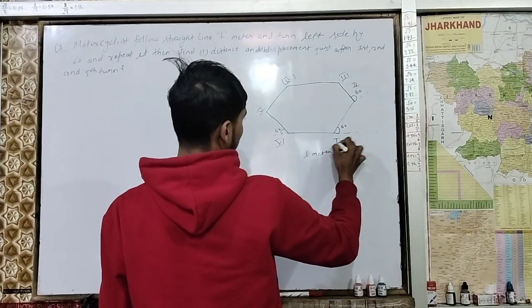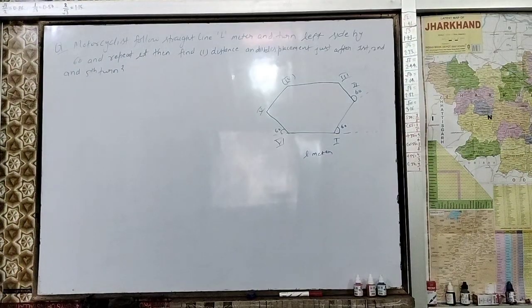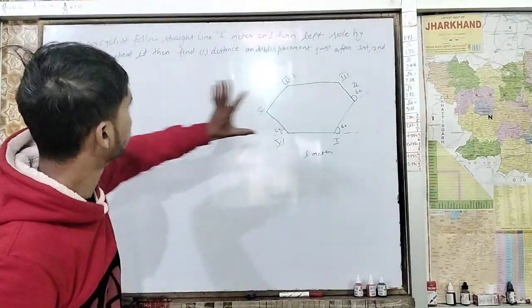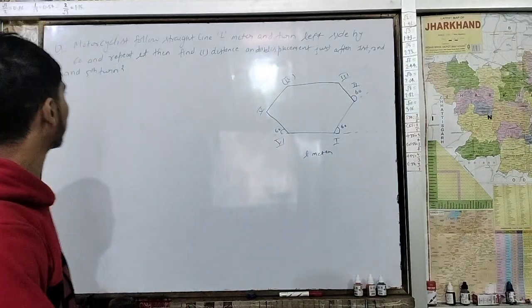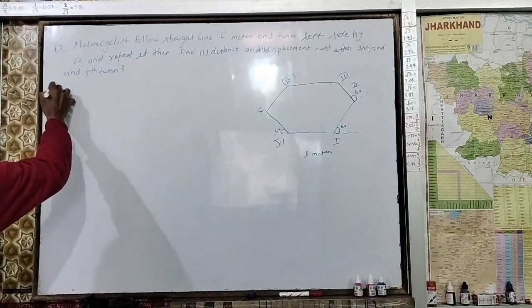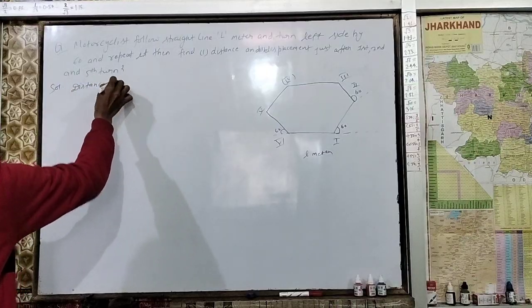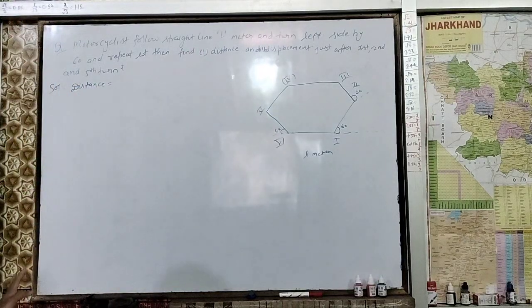The first turn he took at 60 degrees. So till here we have understood. Then we have to calculate the distance first, and then the displacement just after the first, second and fifth turn.